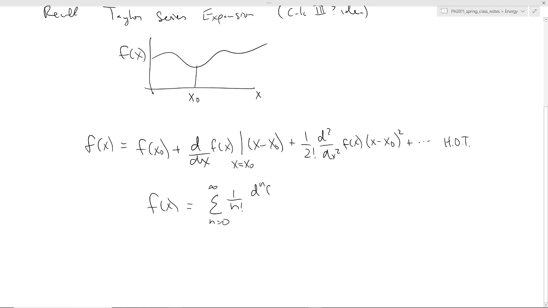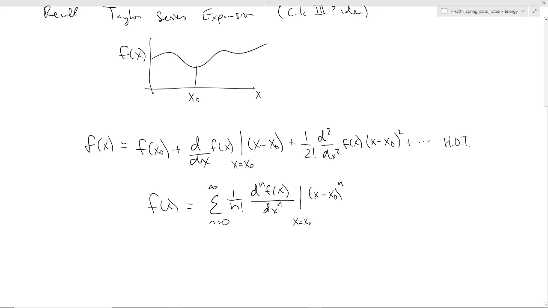It's kind of this complicated looking thing where you have a sum of derivatives times powers, where you subtract off the point where you're interested in looking at it.